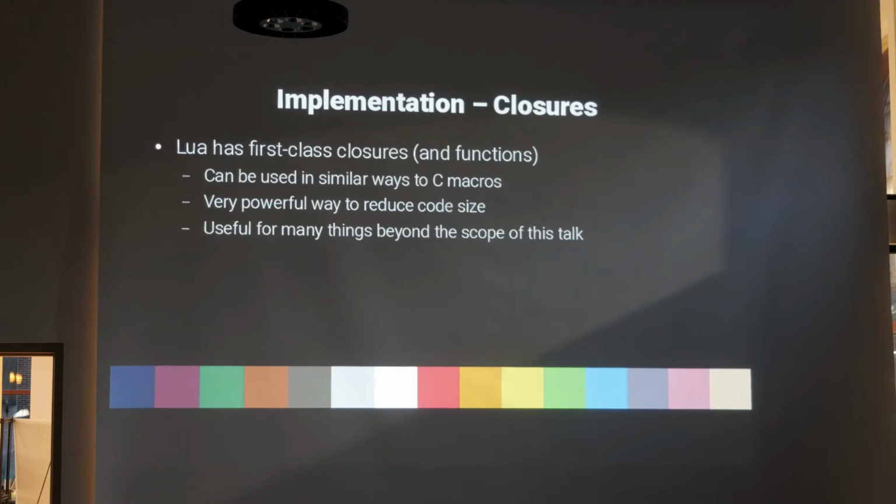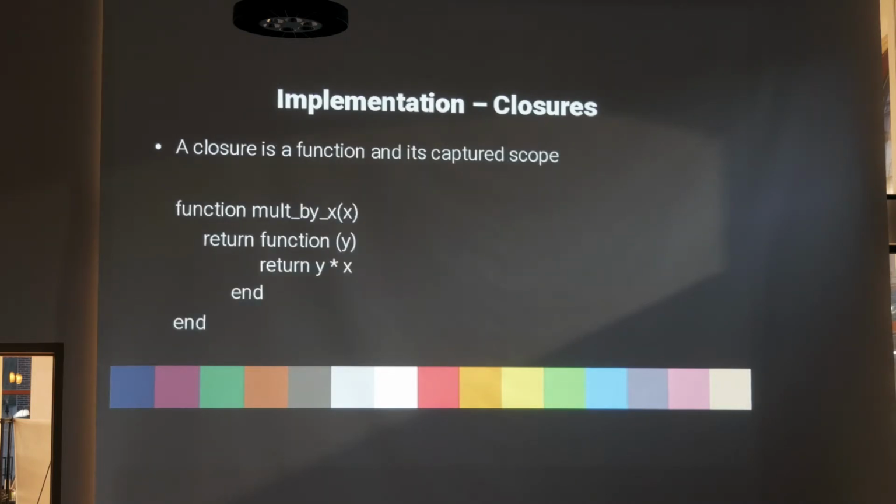You can pretty much declare a local function that has access to its surrounding scope, and then use that as a way to reduce the number of tokens you have. There'll be an example of that in a moment. These are honestly useful for way, way more things beyond the scope of what I'm talking about here, so I definitely recommend looking them up. I'm going to let you digest this for a bit.